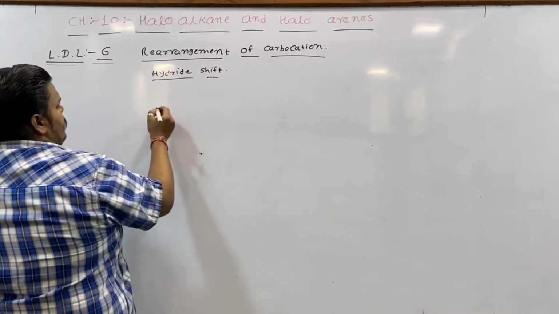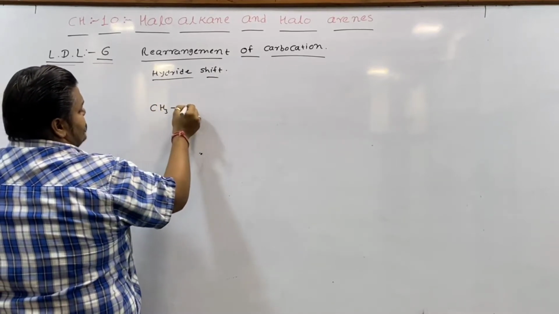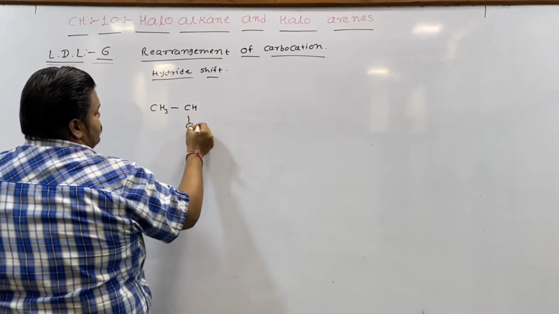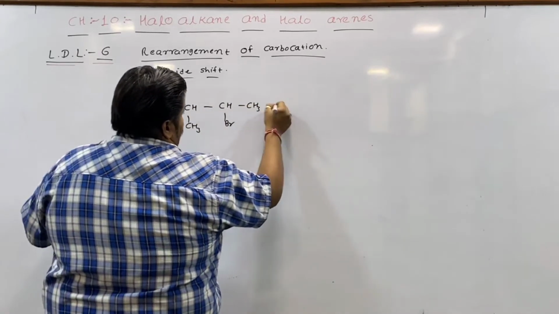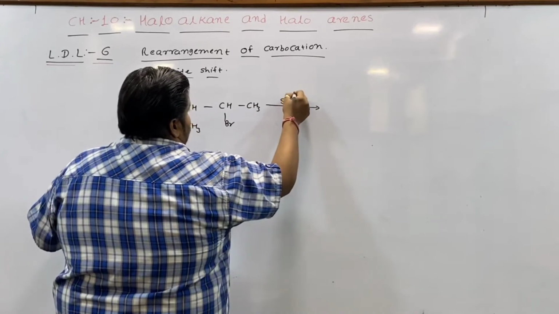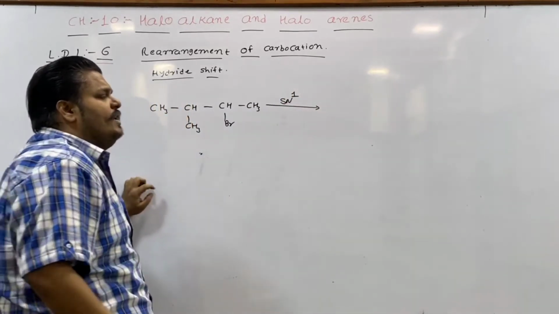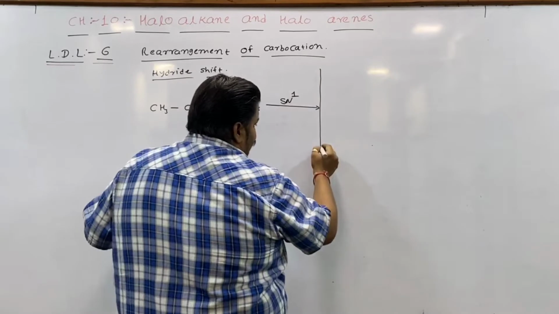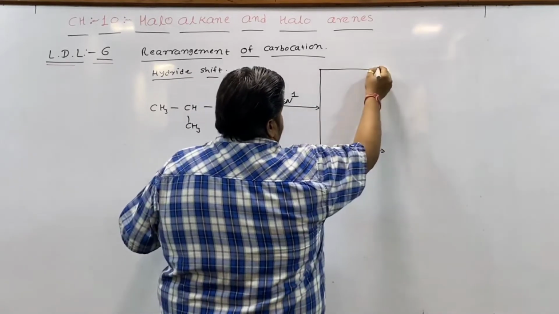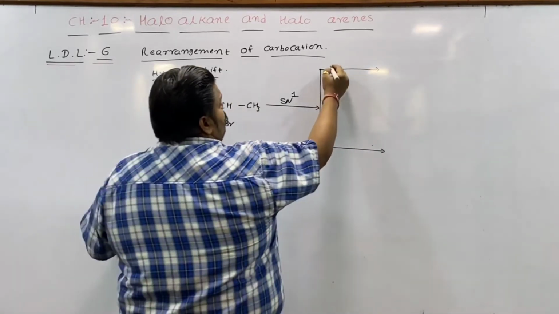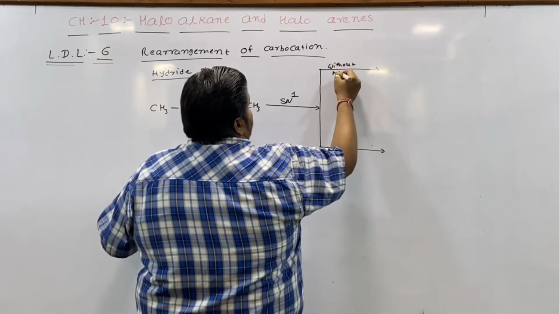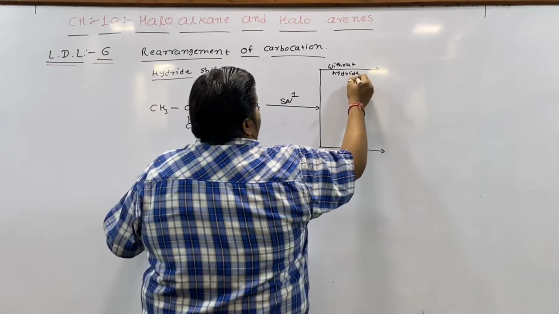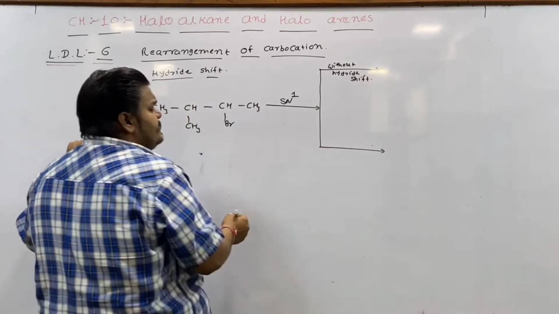Again we'll take the same example, CH3, CH, Br, CH3. By following the SN1 mechanism, we have two different products for this reaction. Without hydride shift, what happens?